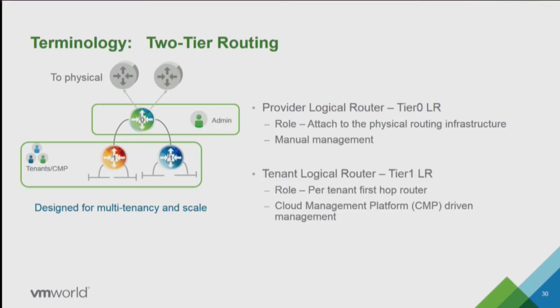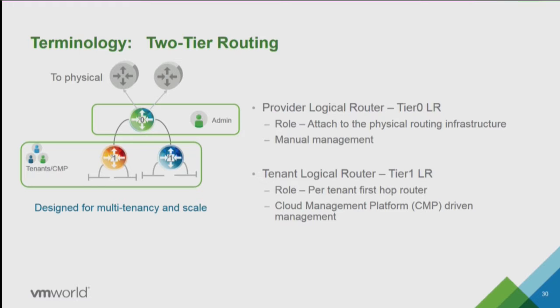A tier 0 logical router can basically attach to the physical infrastructure and pair with the physical. So it will typically be a demarcation of responsibility where it will be managed by your service provider or your infra admin. And you can go and create tier 1 or tenant logical routers, which are typically managed by your tenant admins or by your cloud management system.